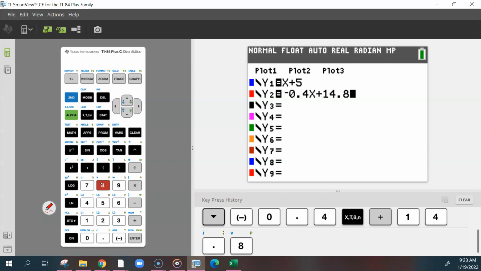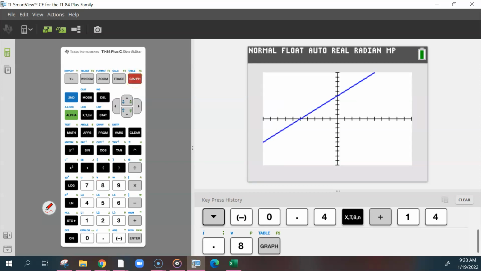Once you have both of these in, graph it, and make sure that your intersection can be seen.